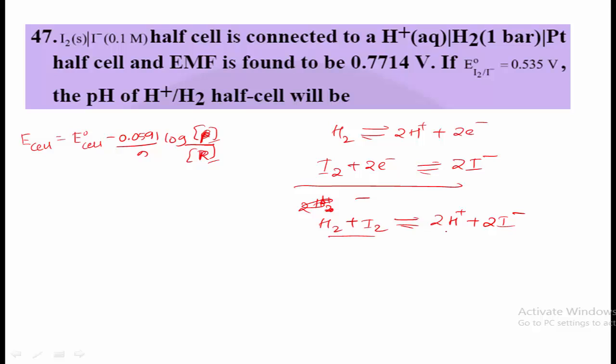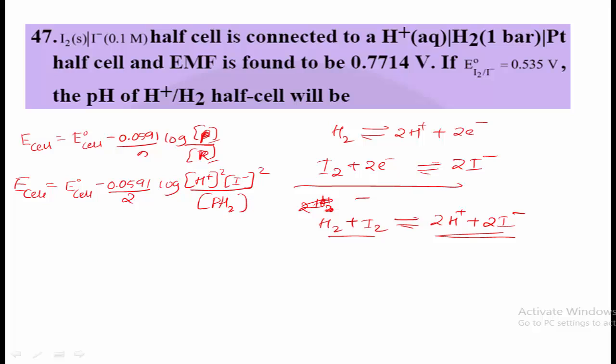Now these are the reactants and these are the products obtained during the reaction. Therefore E cell is equal to E naught cell minus 0.0591 divided by 2 log of H plus square, I minus square, divided by the pressure of H2.